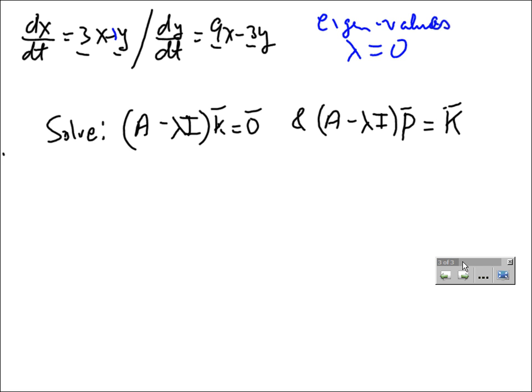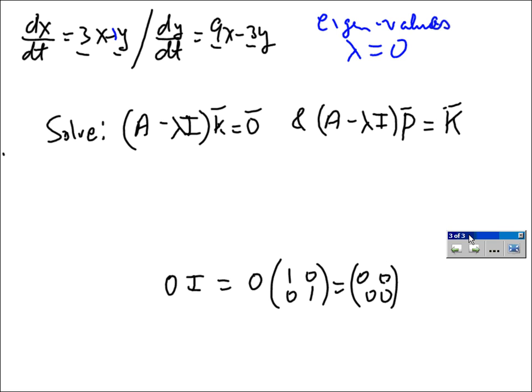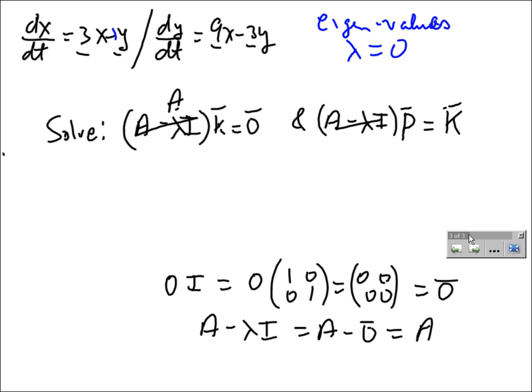Now, the nice part is, if lambda is 0, 0 times I is going to be the 0 vector. And A take away lambda I, that is A take away the 0 vector, is just A. This is just A. And we want to solve those two equations.